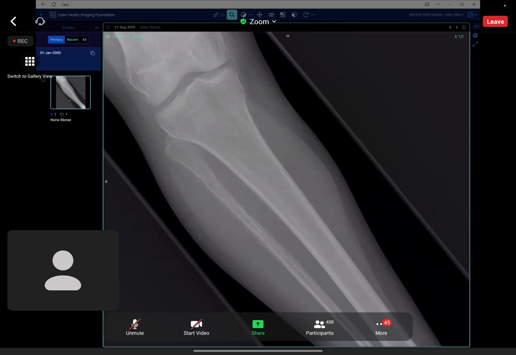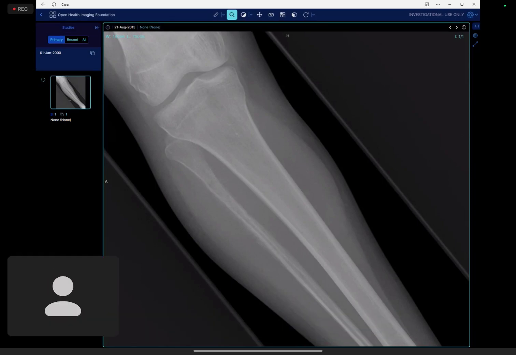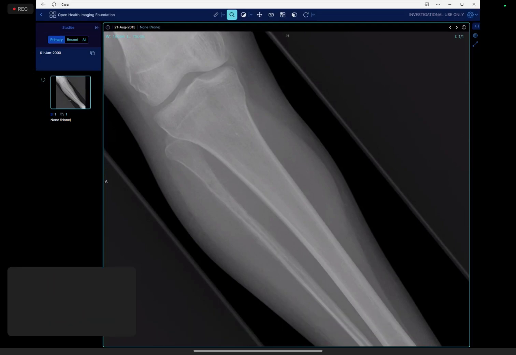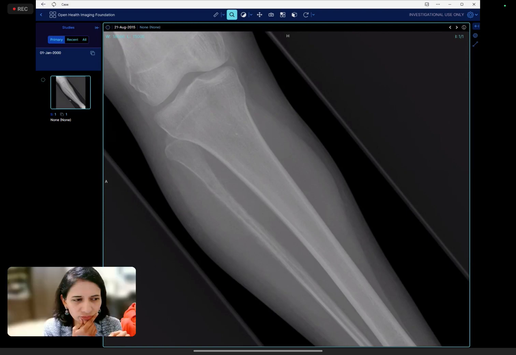However, if this is a new lesion, I suspect this may be an aggressive lesion, such as Ewing sarcoma, given that it is in the correct location, the diaphysis, or less likely osteosarcoma. So I would like to perform an MRI to further evaluate this.